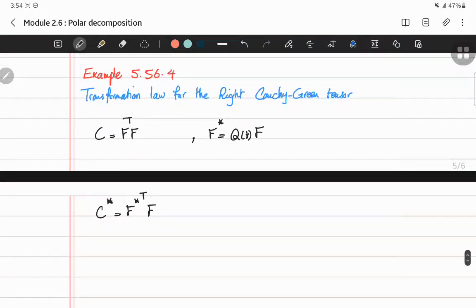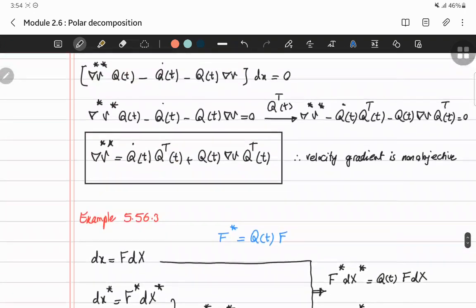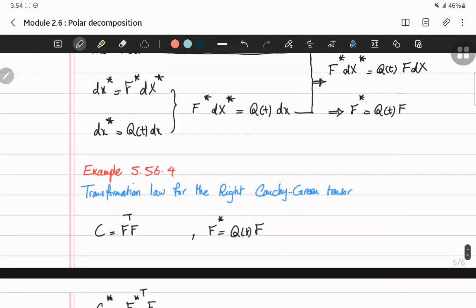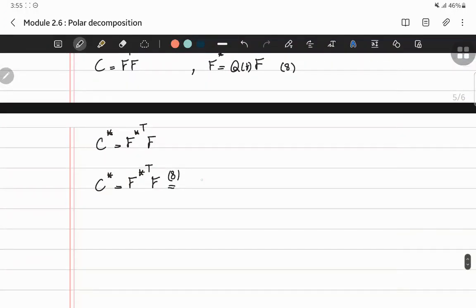All right, so now we can start from here. C star is equal to F star transpose F star, which is equal to, from equation 8, QF transpose, and this is QF.